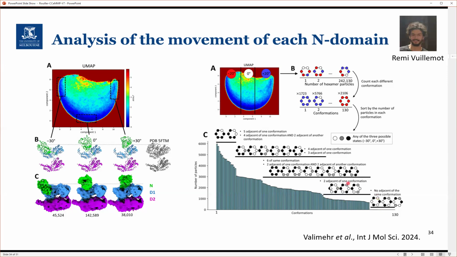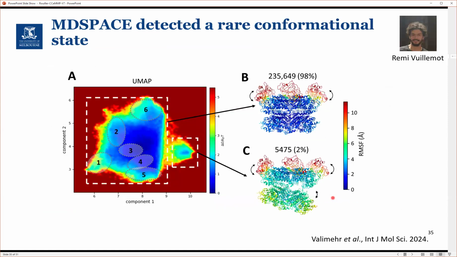So basically the data says that yes, the N domain is flexible, but we have at minimum 2 N domains in a very similar conformation. And then also, quite strikingly, this analysis showed us that we had a very small class of conformation, and this corresponded to only 2% of the particles.